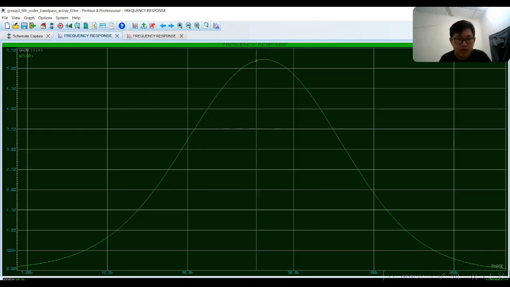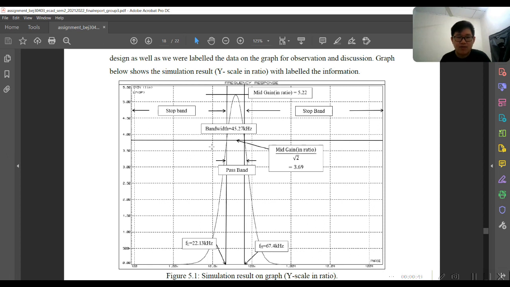This is our simulation result, which is the gain in ratio on the y-axis. For this graph, we have labeled the data on the graph. We can see that the low cutoff frequency is 22.13 kHz and the high cutoff frequency is 67.4 kHz.